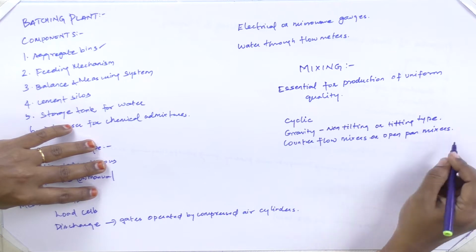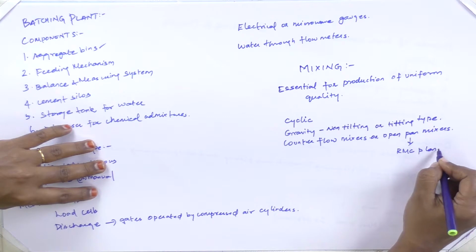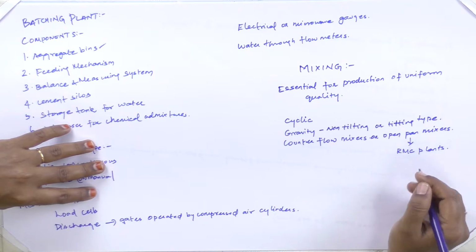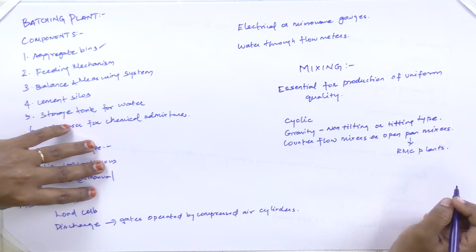At the time of discharge, the drum will rotate in the counterclockwise direction and the concrete is being discharged through the discharge end, that is counterflow mixers. And this open pan mixer is mostly used in RMC plants. This open pan mixer will allow us to get better mixing of ingredients.